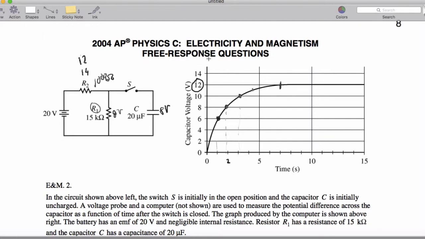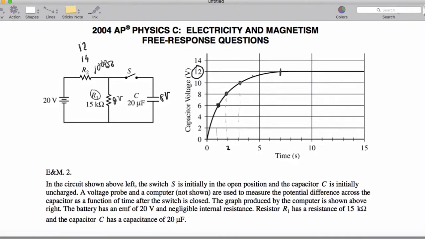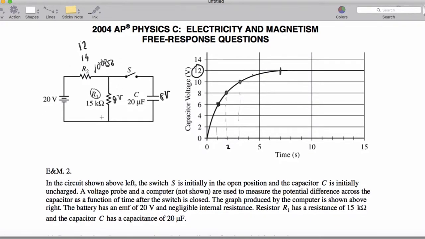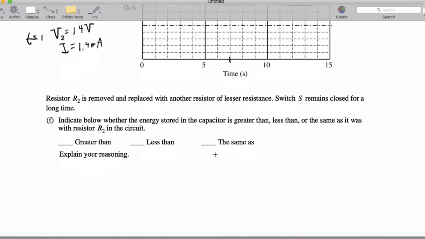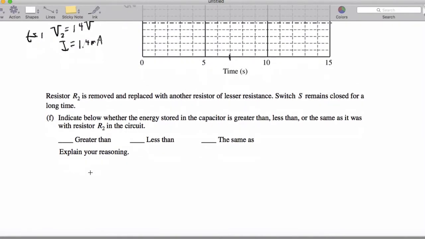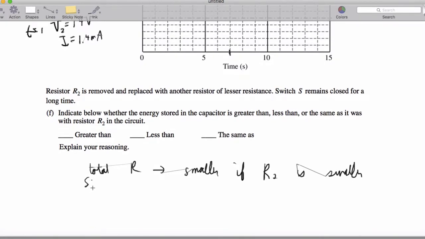So if we make R2 equal to 1,000 ohms, at time equals infinity, the total resistance is going to be smaller. The total resistance is smaller if R2 is smaller. So the current through R1 is bigger.